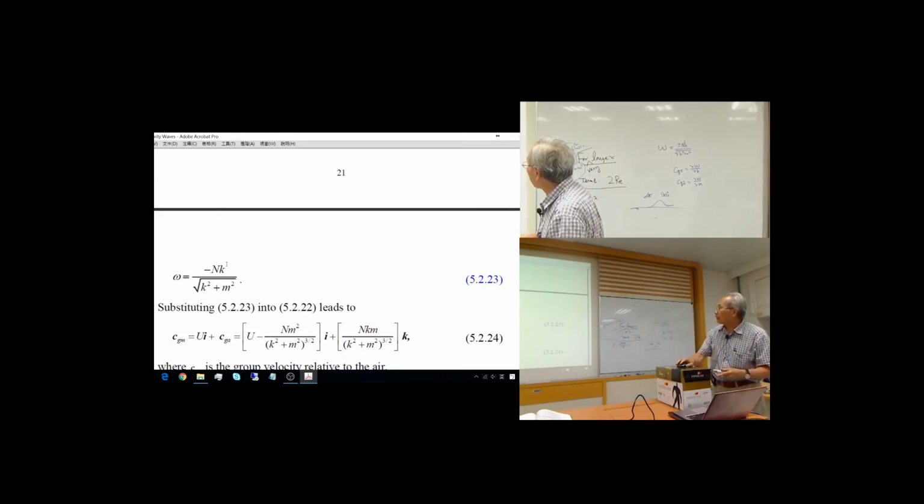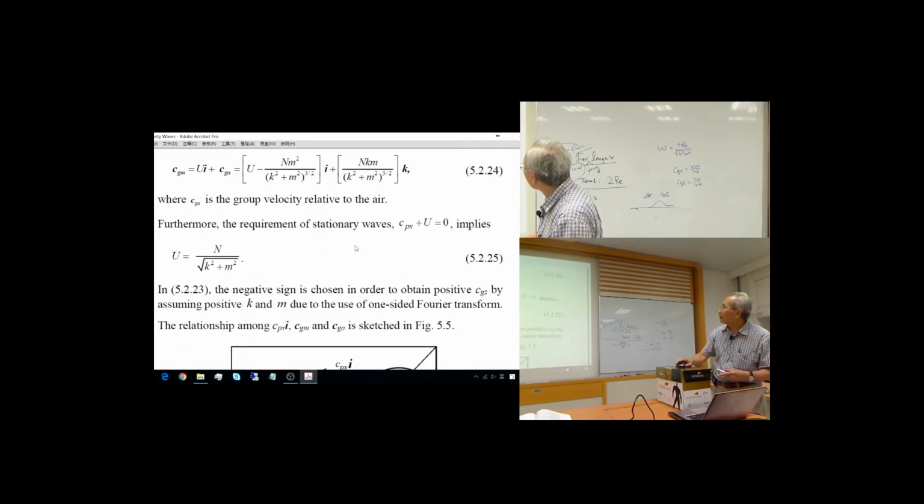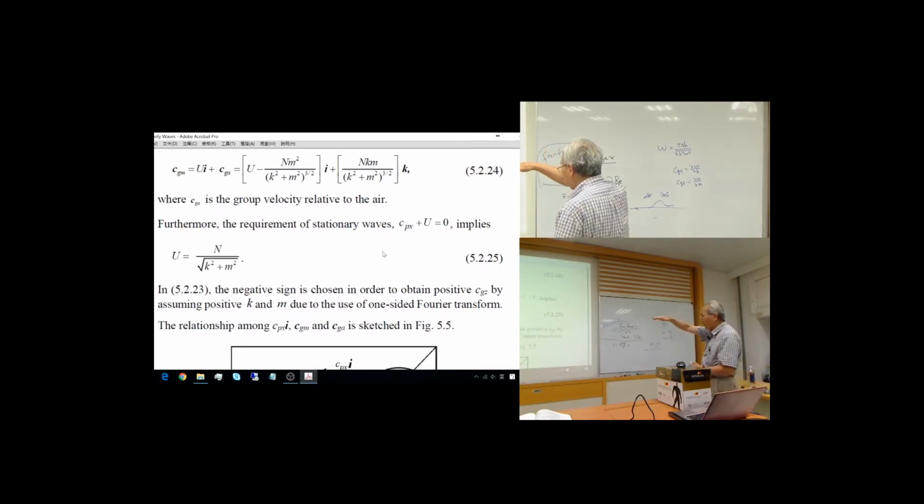And once you choose that, then you can calculate the group velocity, with m with respect to the mountain frame of reference. So in the horizontal direction and in the vertical direction, then you have this. If you require a stationary wave, that means your wave will be time independent.